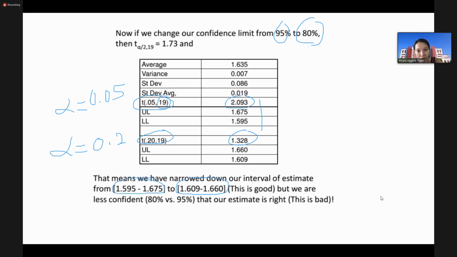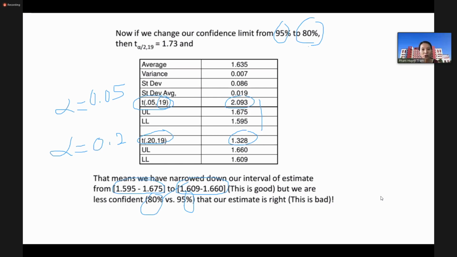For the new confidence level, we are able to give the estimation of the cost ranging from 1.609 to 1.660. Okay, this is good, but we are less confident. For the new estimation, we are only at 80% confidence compared to the 95% confidence previously. So this is the trade-off.